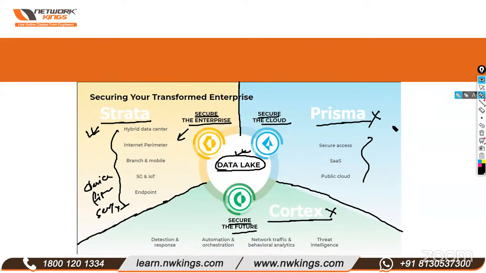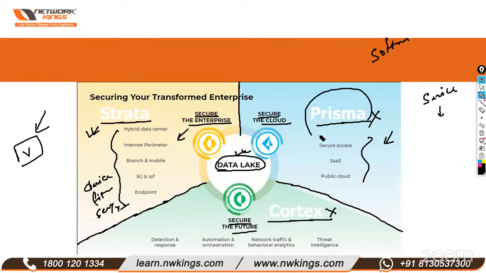Now, Prisma is nothing but how we secure our cloud. Securing our cloud doesn't mean that we have a virtual device and we are placing a virtual Palo Alto firewall in the cloud and protecting it. No, no, no. Prisma is a service. Like the way we get software as a service in AWS or Azure on cloud, in the same way Prisma is something like a firewall as a service.